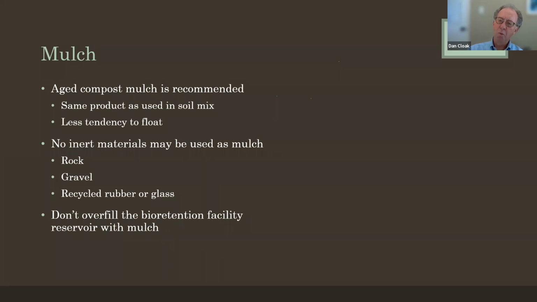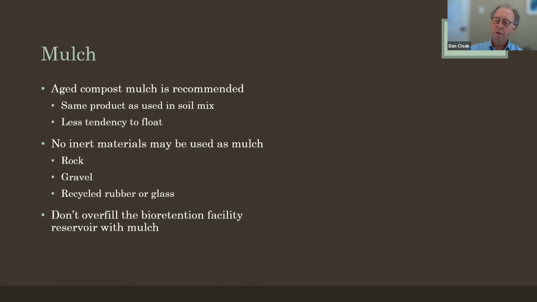Also, rock or gravel mulch can heat up like crazy on a sunny day and kill plants. And certainly anything that is a waste or might have contaminants is inappropriate. I'm convinced that the best mulch to use is the same product that's used in the soil mix, largely because it has less tendency to float.